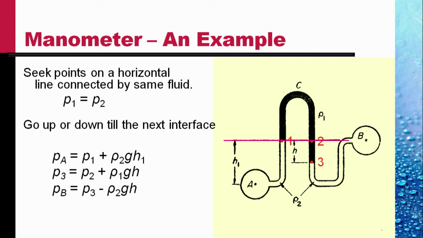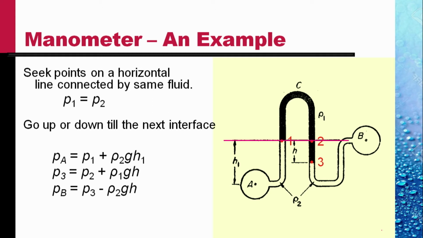Similarly, P3, which is below P2, is equal to P2 plus rho 1 g h, where h is the height of column 3 to 2 and rho 1 is the density of the fluid there. Similarly, PB is equal to P3 minus rho 2 g h1, since B is higher than 3, so the pressure is lower.